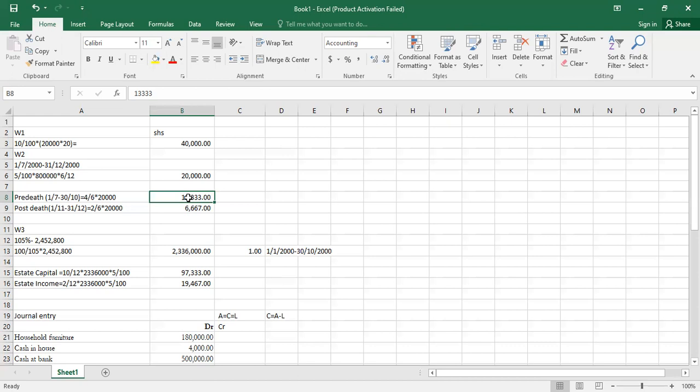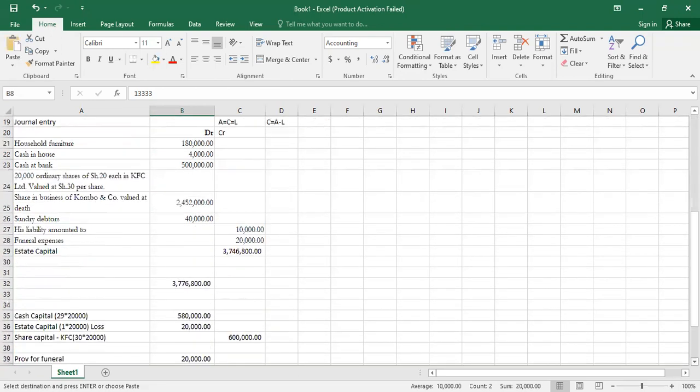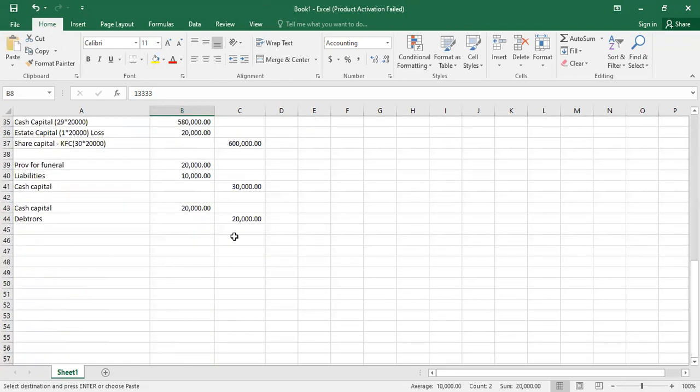So our estate cash book, sorry, will still be debited, but we will now do that in the income column, not on the capital column. So I can pick these two figures and put them here because we are debiting.